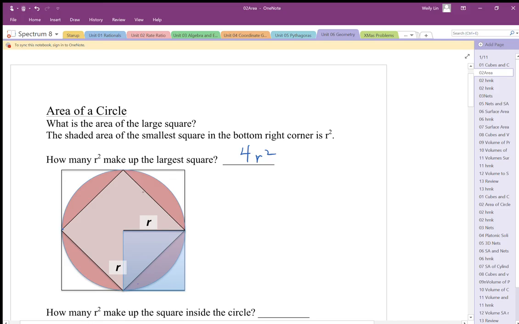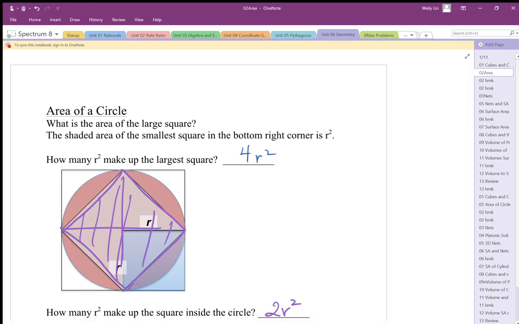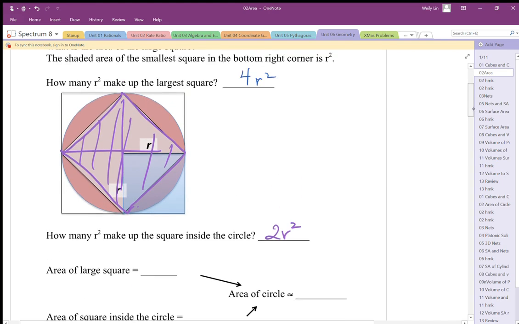So this interior square is going to be made up of 4 half r squareds, or 2r squared. Now we want to figure out what would be a reasonable area approximation for the circle.